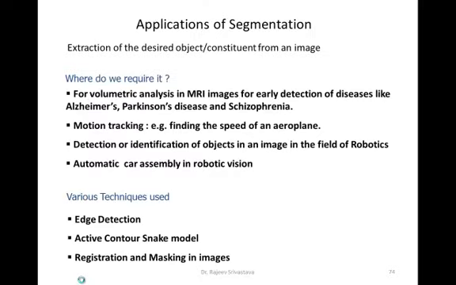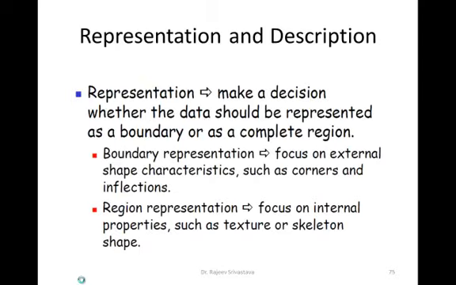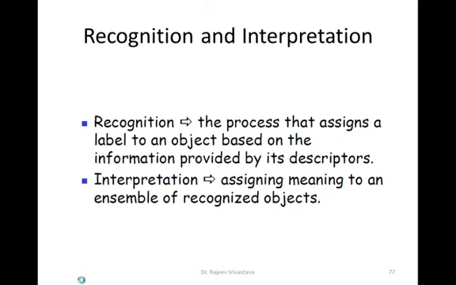Applications: medical imaging, motion tracking, detection or identification of objects in an image, automatic car assembly in machine vision. Representation and description. Representation: make a decision whether the data should be represented as a boundary or as a complete region. Recognition and interpretation.